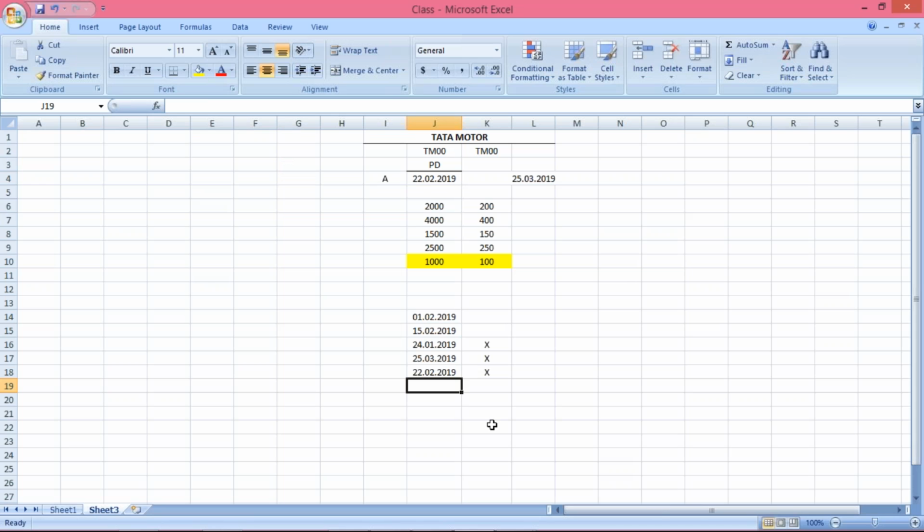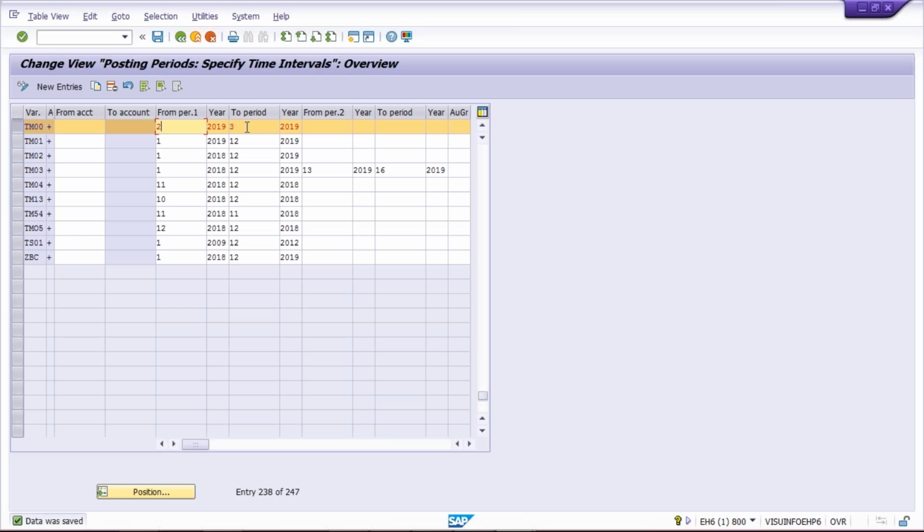As I told you guys, this is also not possible. This is a mistake which we have made unknowingly, but once you give 04, the system immediately checks whether 04 is open or not. No, it means this April month is not open.